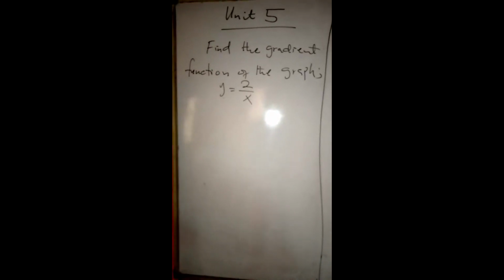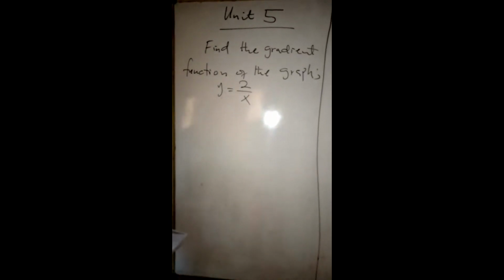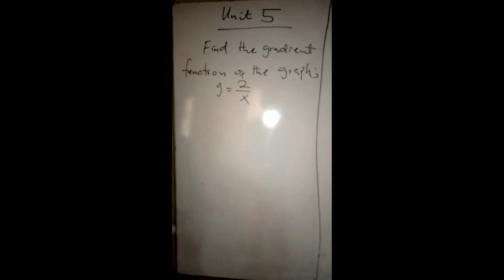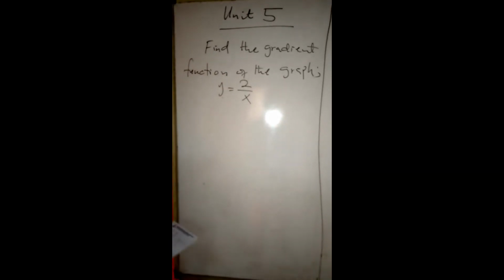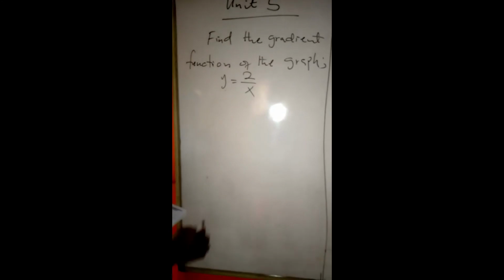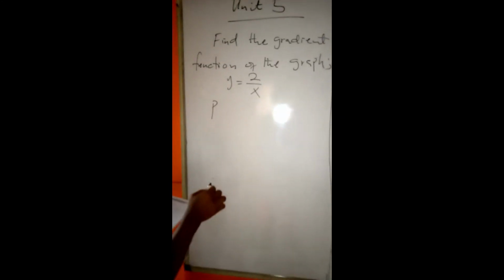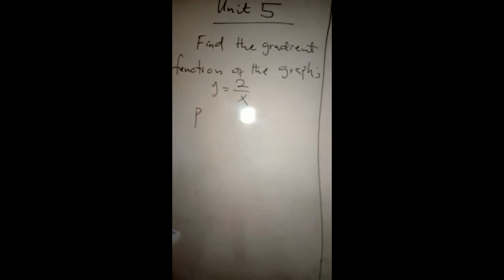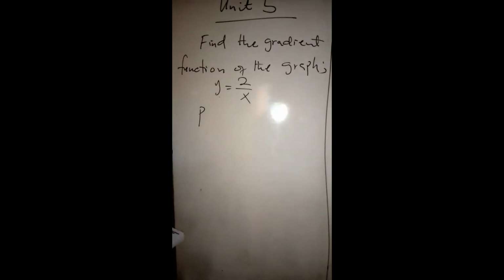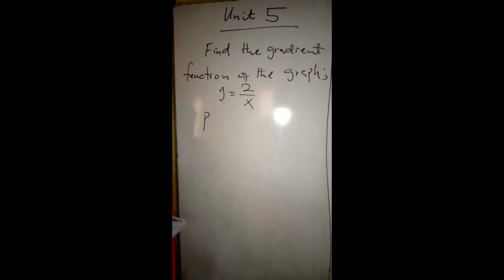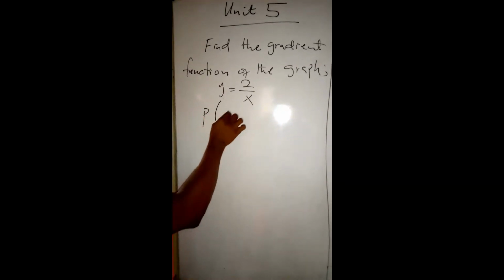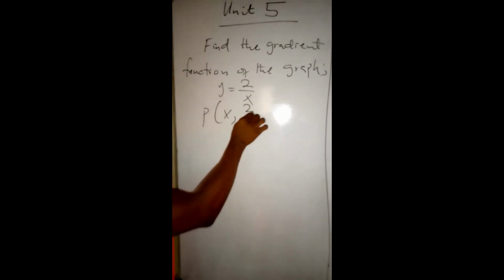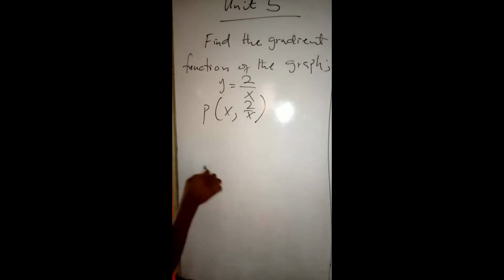Now, by now you know how to get the coordinates of x and y, of P and Q. So therefore, you have no issue now. So for P, the graph equation is simply y equals 2 over x.